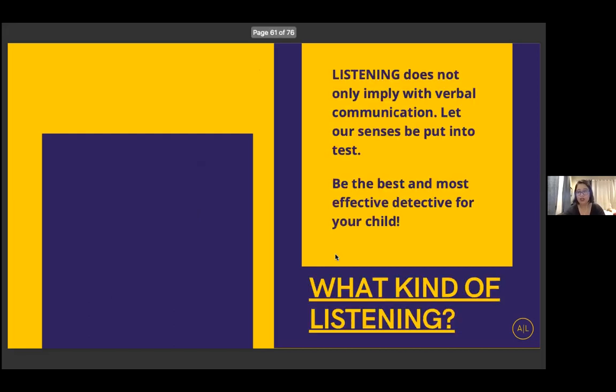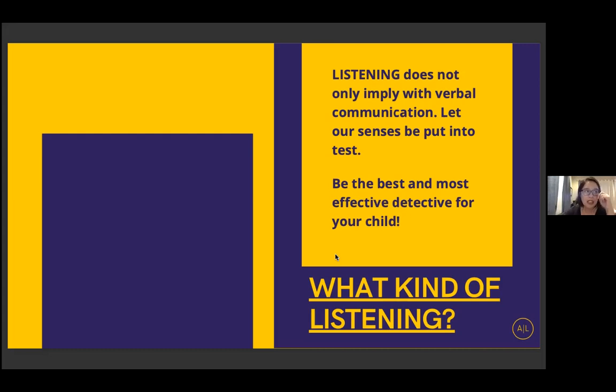Okay, so let's go to the next one. It's also important to open your ears to what they have to say. But with listening, I want to be very broad about it. It's not just about what they say verbally. Listening does not only imply verbal communication. Let our senses be put to the test. Be the best and most effective detective for your child.